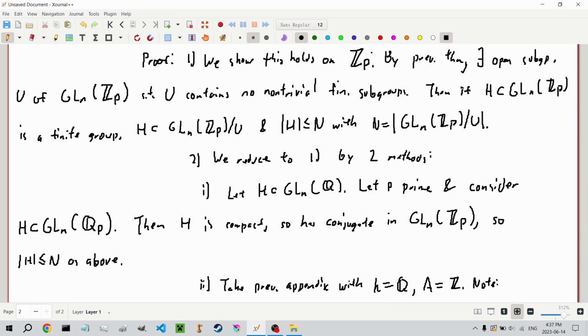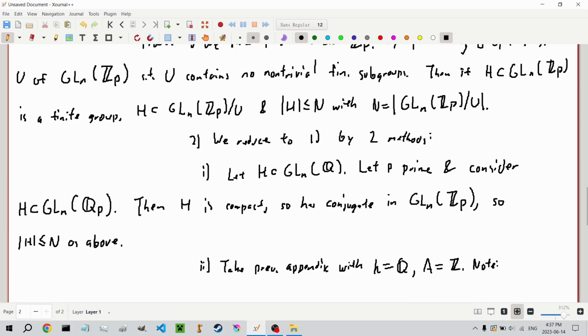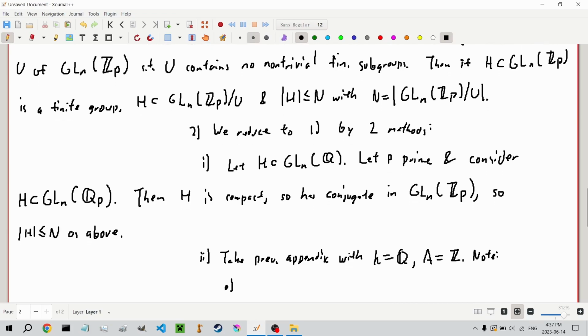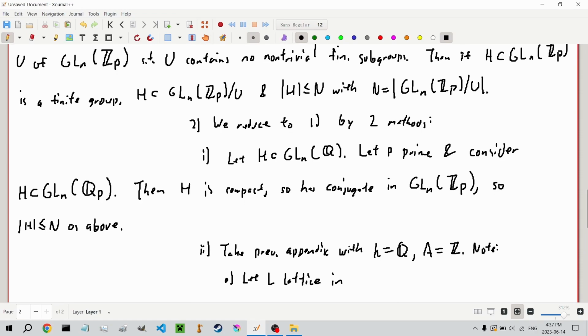Note, well, first off, let L be a lattice in Q sub n.